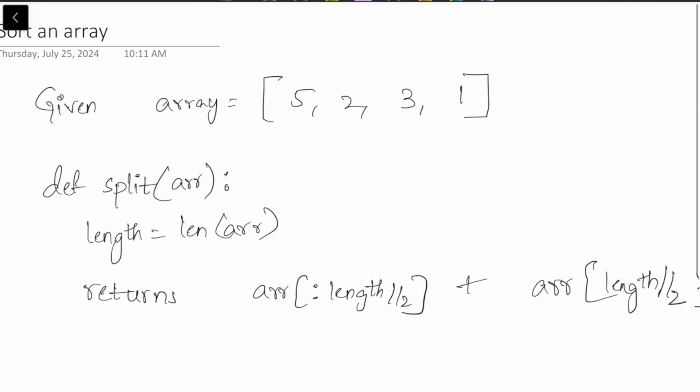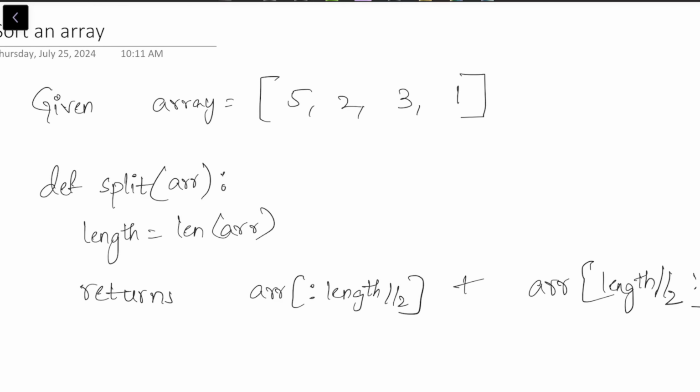What it actually does is take the array and split it. This is what split array does. In this split array there's also some functionality that needs to be added. We'll go through that.